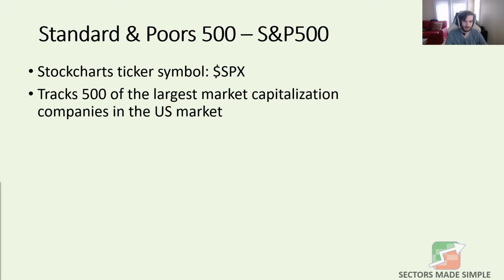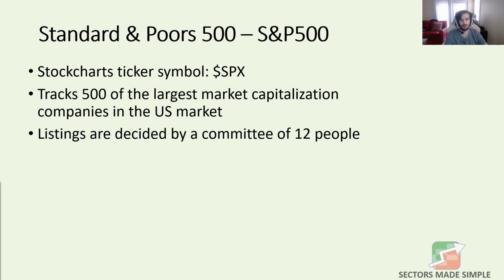Now, the reason I said of the largest is important. It's not that if you are one of the top 500, congratulations, you're in the S&P. There is actually a committee of only 12 people.